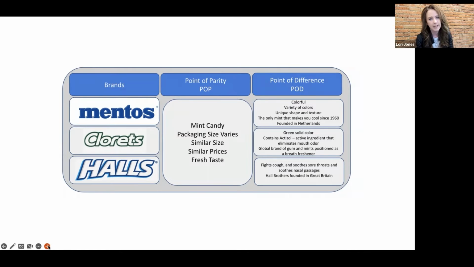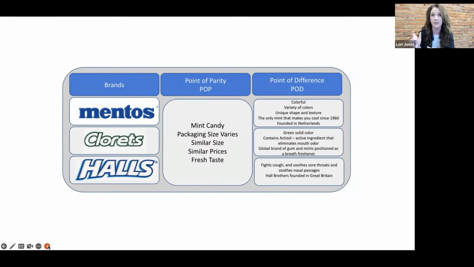They all have packaging in various sizes. They're a similar size, similar prices, and they've all got that fresh taste, right? How are they able to differentiate? One way Mentos does that is through product. So they've got different flavors and different colors. Still the same shape, but it is something that differentiates them.